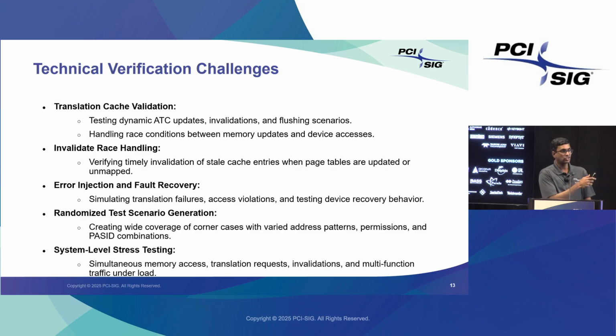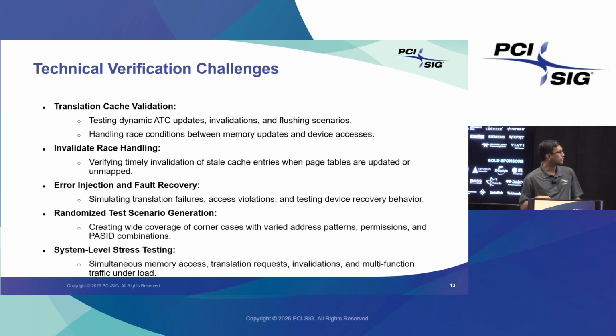Okay, these are the key challenges, but during our verification, what are the technical challenges we face? Of course, cache means there is so much complexity involved in verification. Even these three capabilities are creating race conditions, so we need to verify that also. Mostly the invalidate race condition is one of the important things to verify.